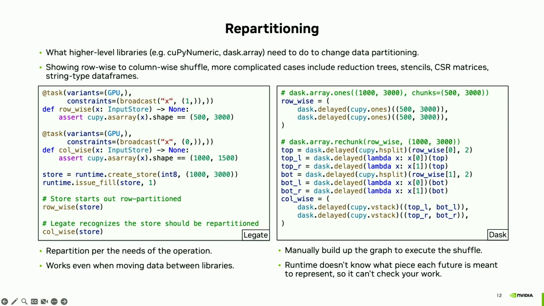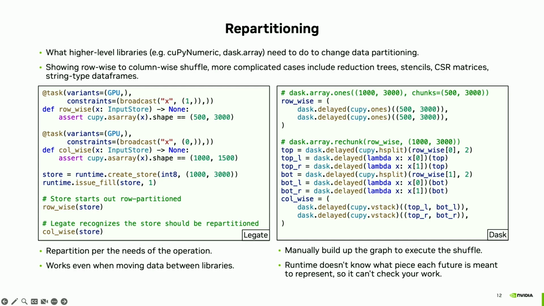In this case, I'm starting out with the first task, and I'm telling the runtime that dimension number 1 must not be partitioned. So this is a row-wise partitioning. When I run this task, Legate will understand this constraint and start out the data partition in a row-wise manner, and then this assertion will pass.